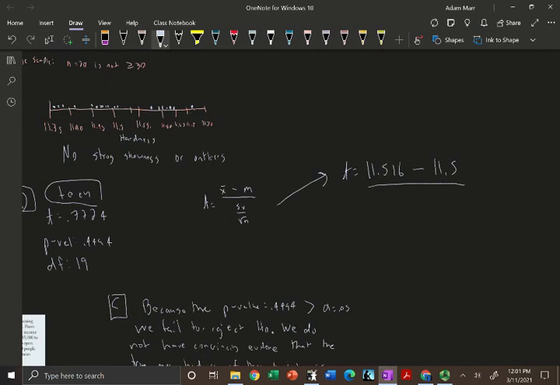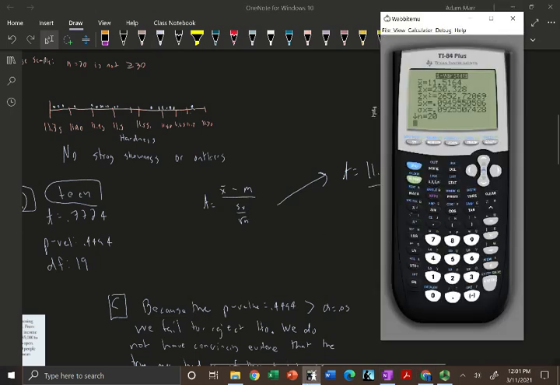Over the standard error, which is the sample standard deviation divided by the square root of n. The sample standard deviation is 0.09496, which I'm rounding.